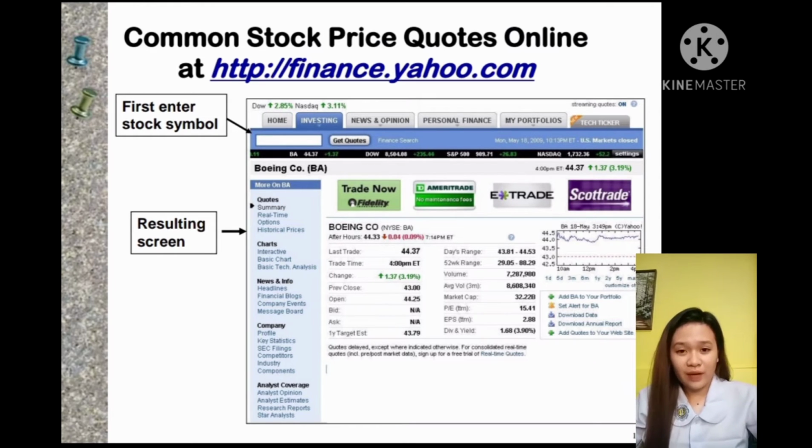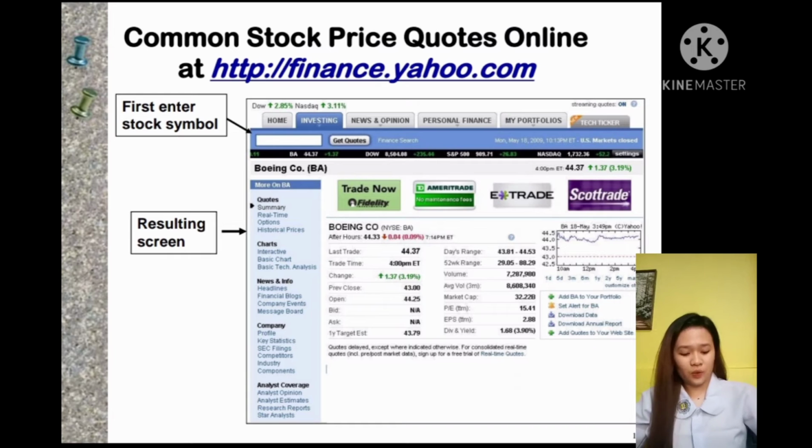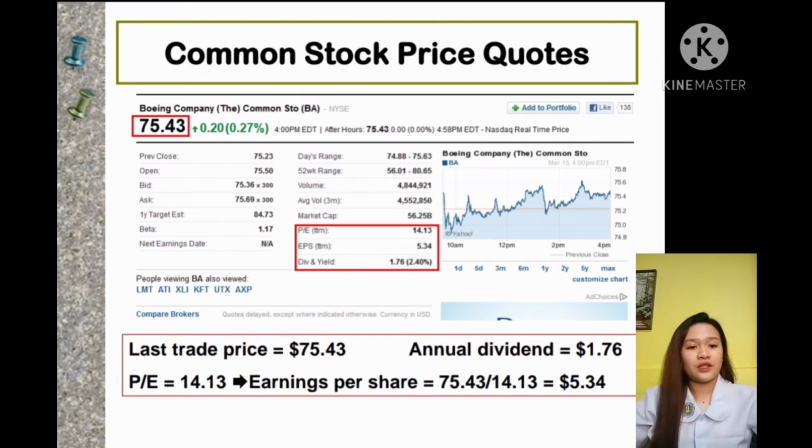This website provides financial news, data, commentary, including yun nandito nga na stock price quotes. Aside from that, it also offers online tools for personal finance management. Here, in the common stock price quotes dito is makikita yung last trade price and annual dividend and earnings per share.